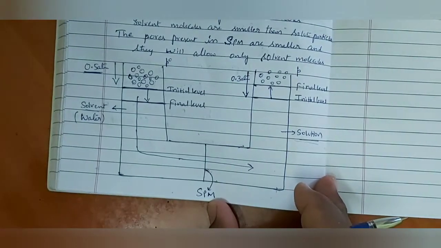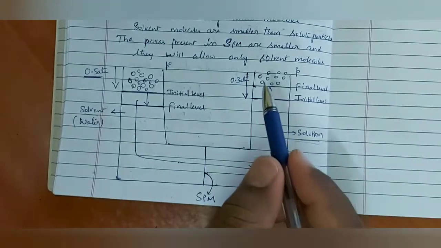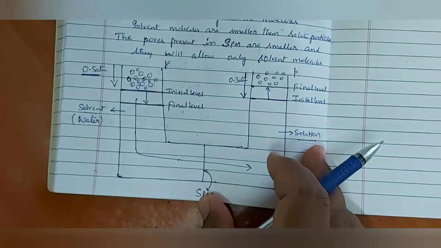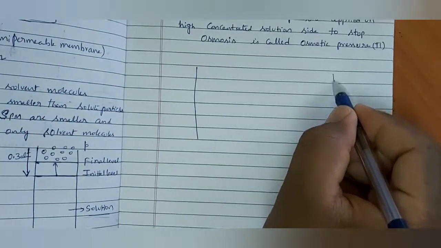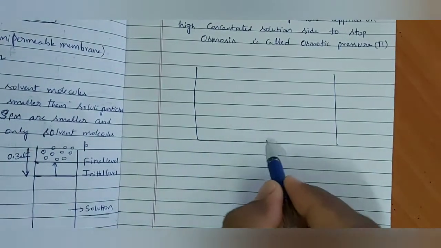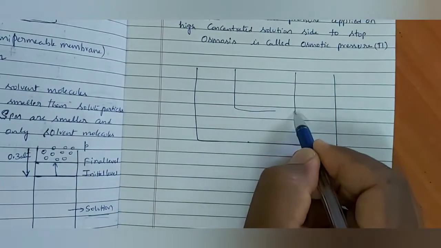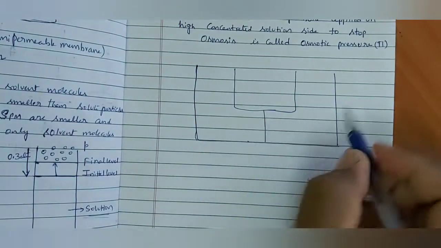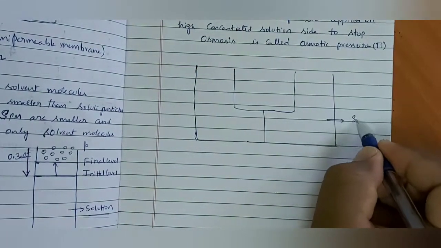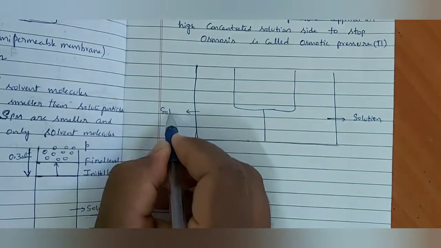Okay? Here, actually I have drawn the water molecules now, so it is not possible to explain in the same diagram. Now let us see once again the diagram. This is solution and this is solvent.